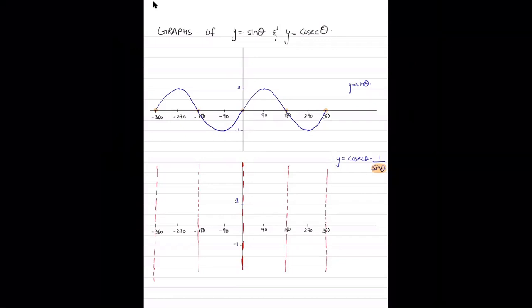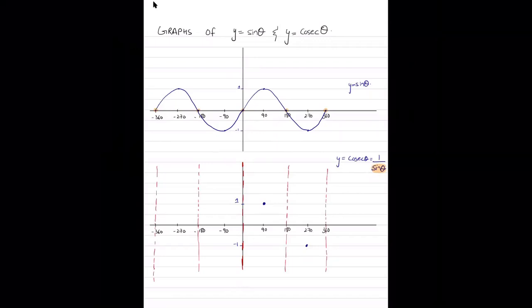When the value of sine theta was 1, then cosec theta is also 1 upon 1, which is 1. When the value of sine theta was minus 1, 1 upon minus 1 is going to result in minus 1. So at 90 degree, the value was 1. At 270, the value was minus 1. So the value of cosec theta is also becoming minus 1.